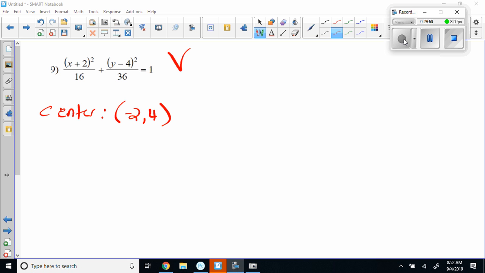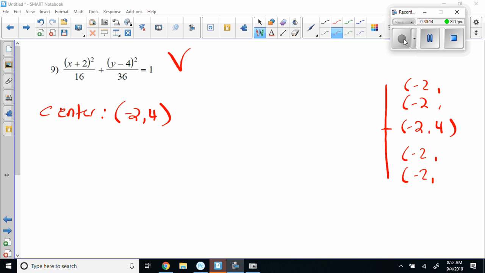If it helps you, guys, we know this is vertical, so do this. Look.